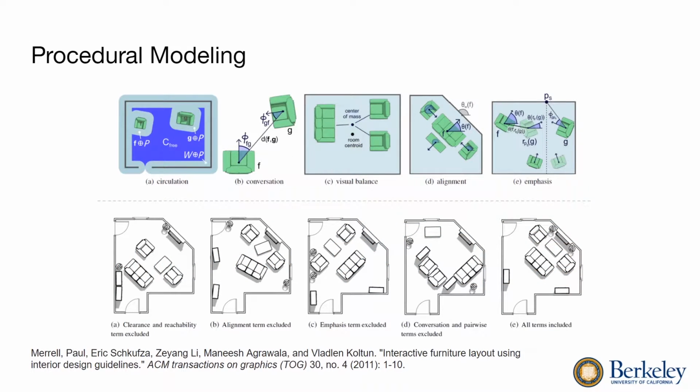So when we move forward, we see another study here by Paul Merrell and his colleagues that utilizes procedural modeling again for synthesizing scenes and generating plausible scene alignments. This work was published at ACM TOG, and over here we see, in addition to very straightforward relationships like object adjacencies and parent-to-child relationships, the authors have actually hard-coded functions such as circulation scores, conversation possibilities, visual balance, alignments, and these kinds of qualities.